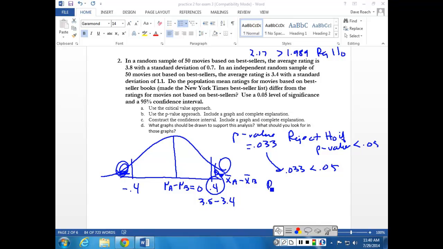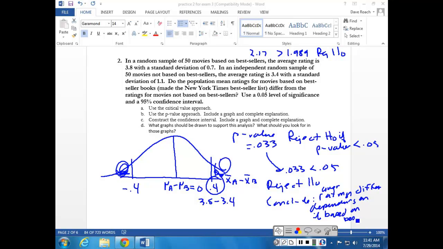So again, you'll reject H0, and you will conclude the ratings, at least the average ratings, differ depending on whether or not you're based on a bestseller.